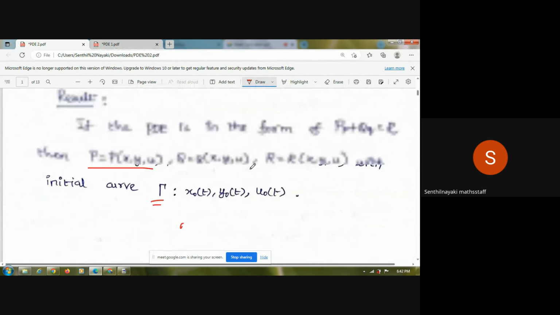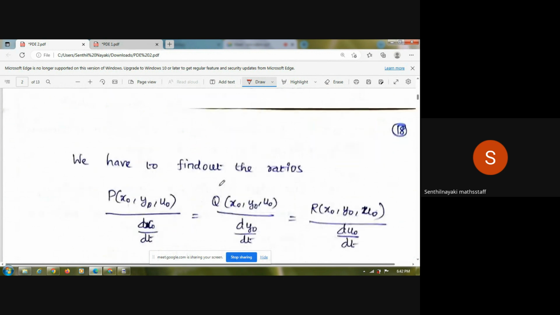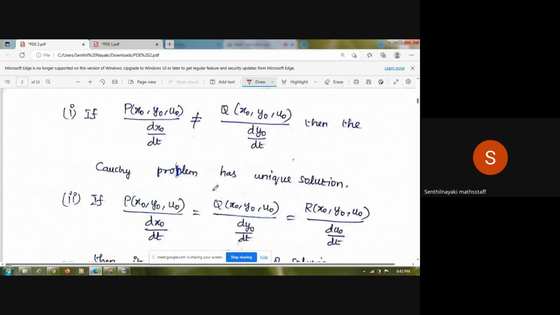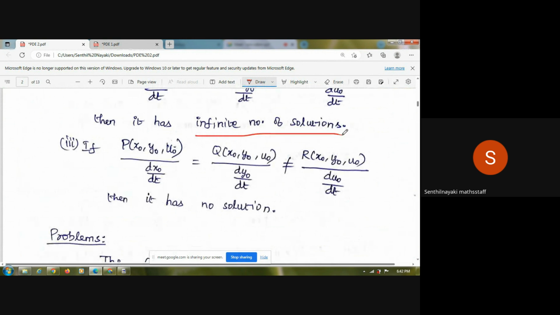So here we are going to discuss some important results for the different types of solutions. There are three types of solutions: unique solution, infinite number of solutions, and no solution.